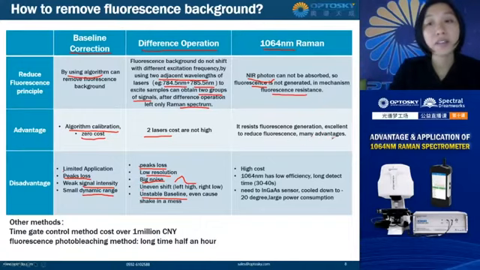It has so many advantages, so why doesn't everybody use 1064 nanometer Raman spectrometers? Because it also has some disadvantages. Firstly, it's high cost. A 1064 nanometer Raman spectrometer costs about 50,000 US dollars in the market.